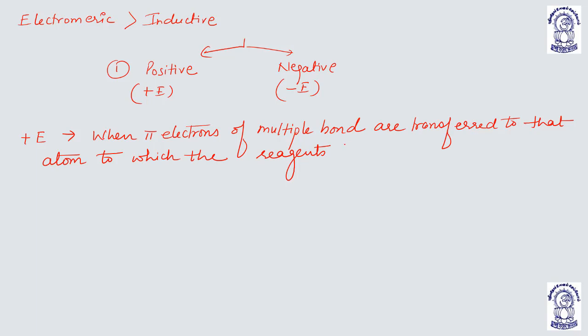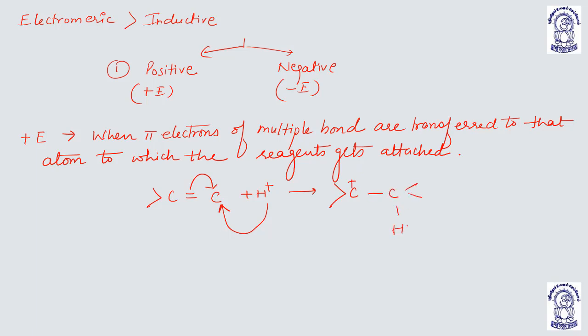For example, if the pi bond is shifting here and the attacking reagent is attacking on that particular carbon which is receiving the pi electrons, it is known as positive electromeric effect.